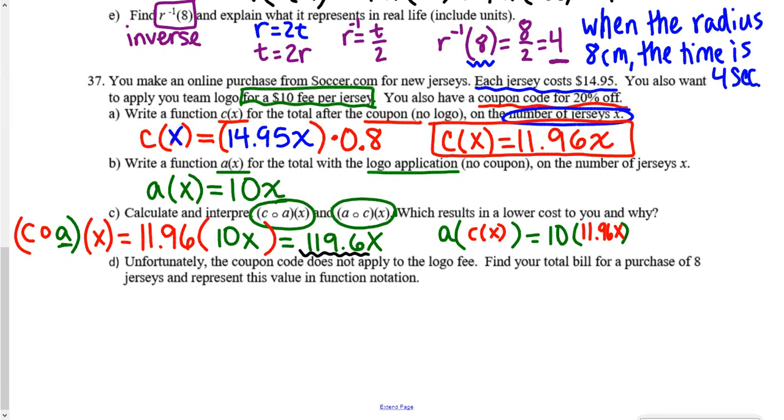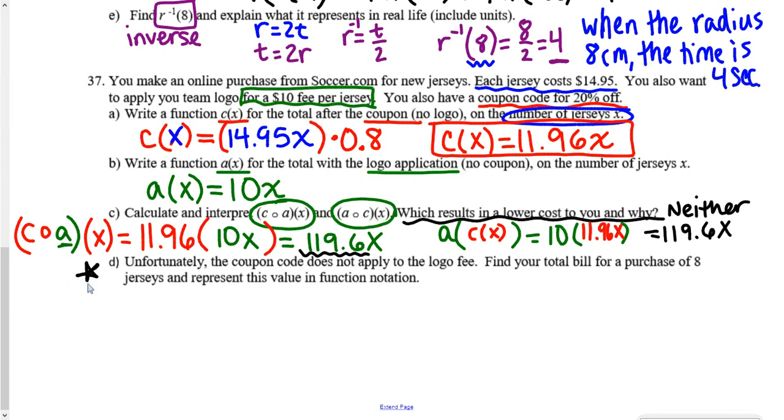I multiply it out, and I still get 119.6x. So in terms of which of these results in a lower cost to you and why, this is really neither. Neither one of these right now is making sense. If I wanted to find my cost of my jersey using a combination of different functions, that's what I'm going to do here in Part D.